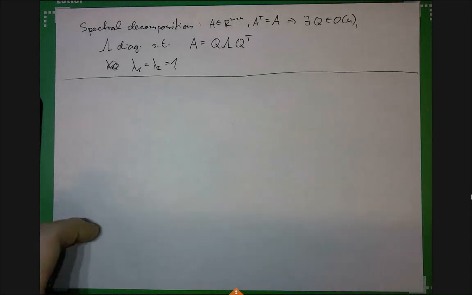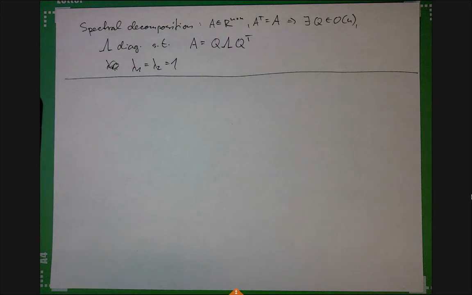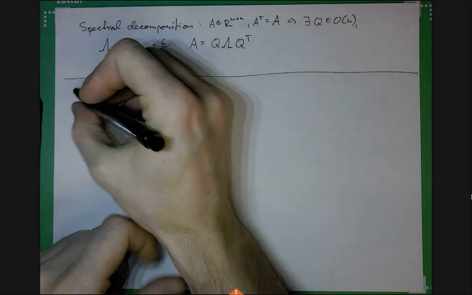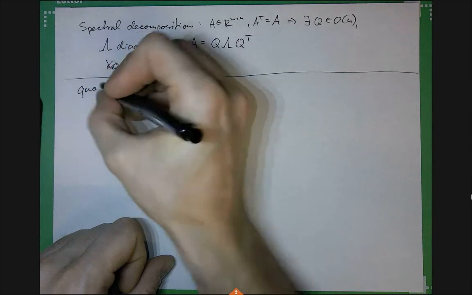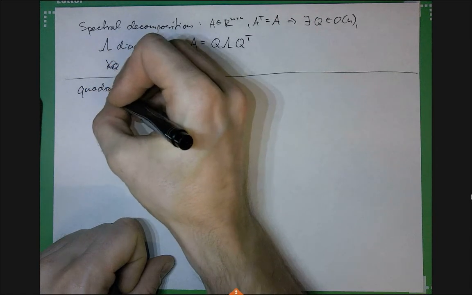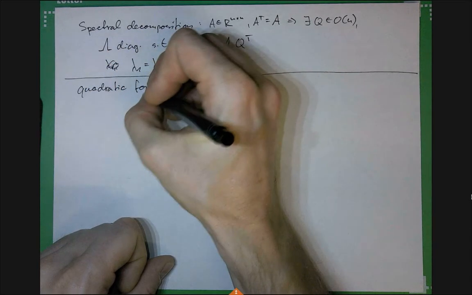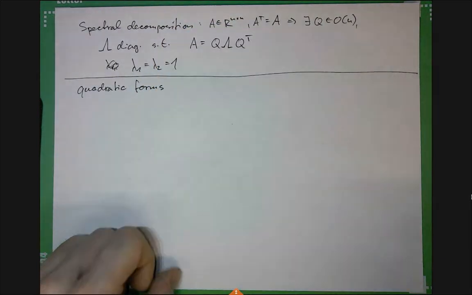So one very natural application where symmetric matrices naturally appear is quadratic forms. First, a little bit of introduction here. Quadratic forms. You know what quadratic forms are?